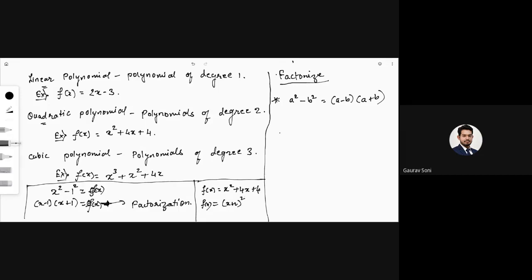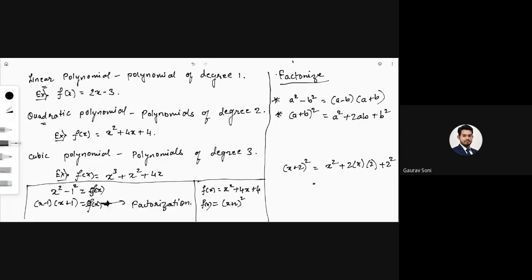So what he has used is a small 10th standard formula, that is a plus b whole square. What is it? A square plus 2ab plus b square. Just to verify, if I have x plus 2 square, then that will be x square plus 2 times x into 2 plus 2 square.